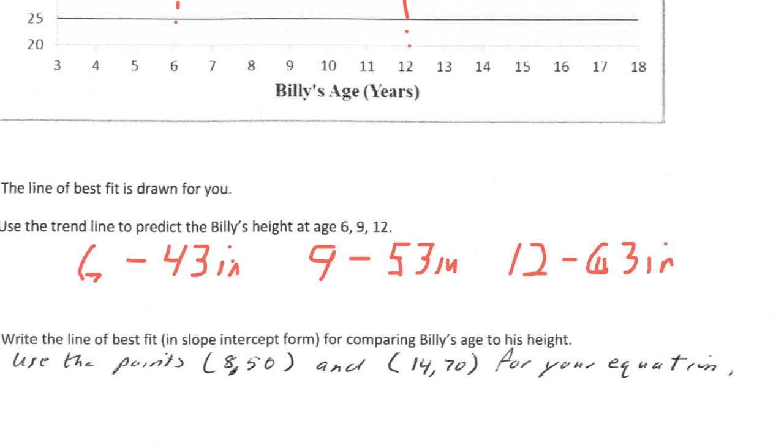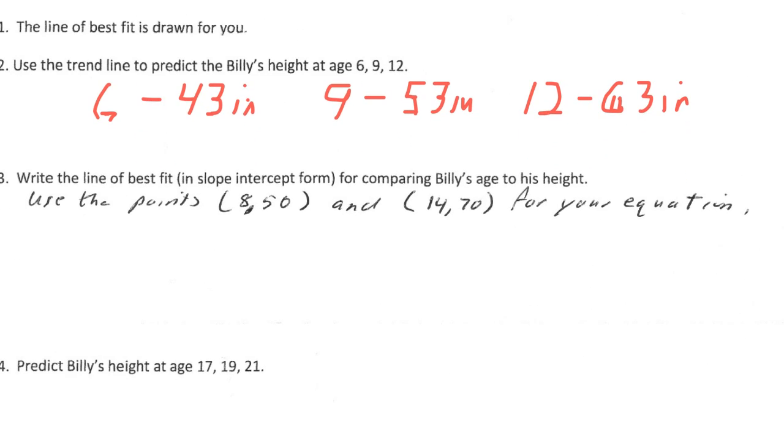All right. So moving down, now we're going to make a prediction equation. We're going to use (8, 50) and (14, 70). And we're going to do the same thing we did yesterday. We're going to find the slope first.